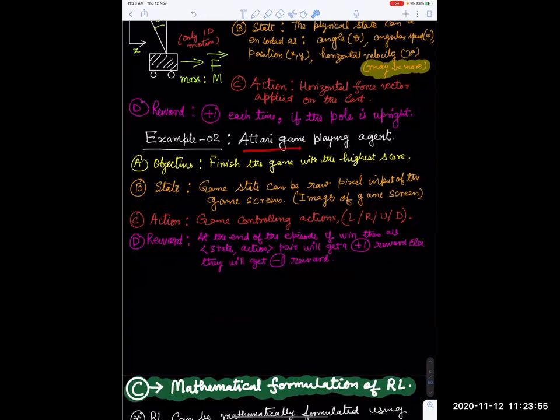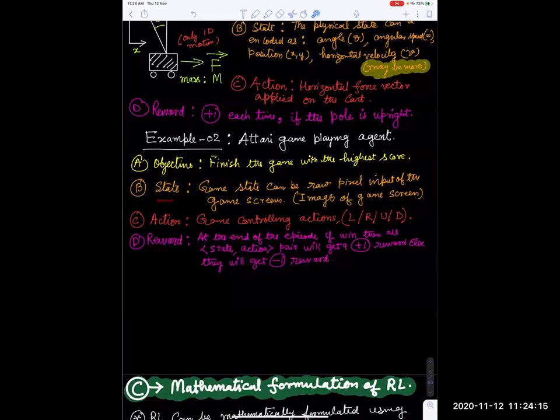Another example is the Atari game. You all understand that there are games like Atari, Contra, Mario, and so on. If you wanted to build or learn some strategy for that sort of agent, you can say my objective is to finish the game with the highest score.